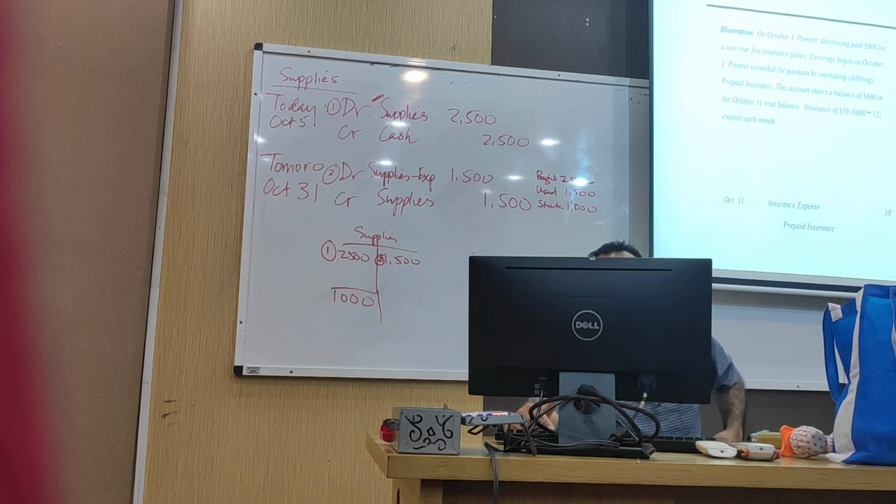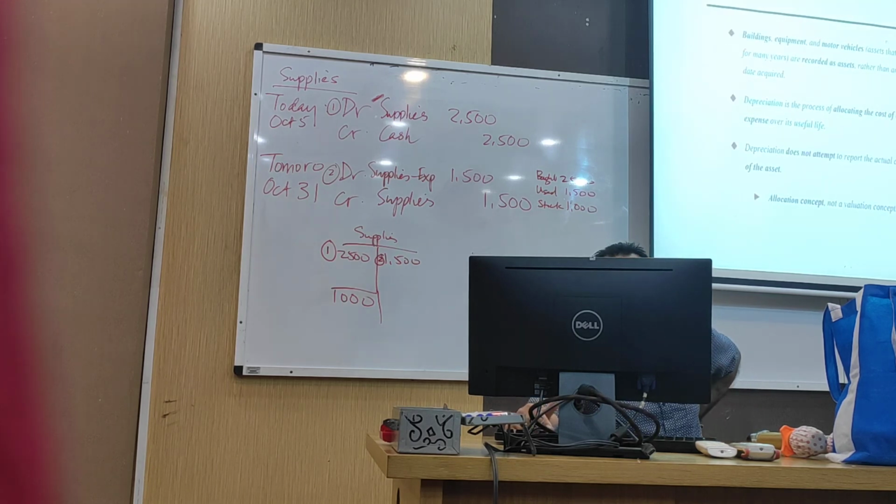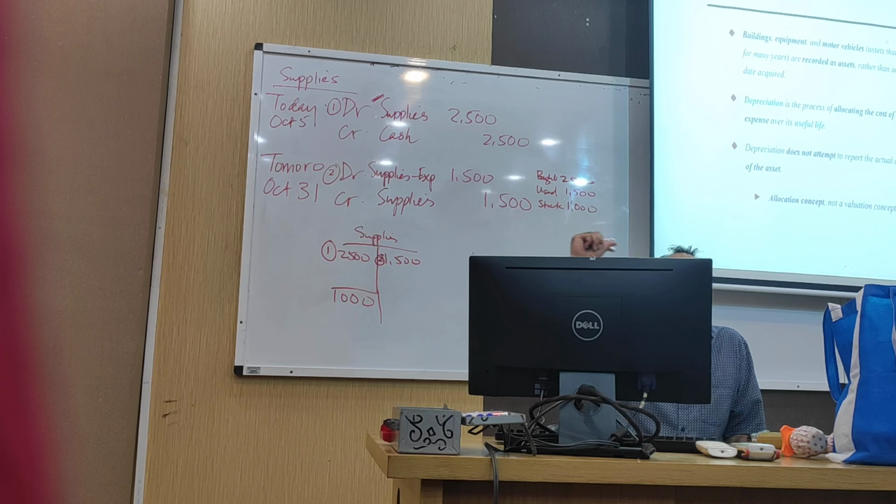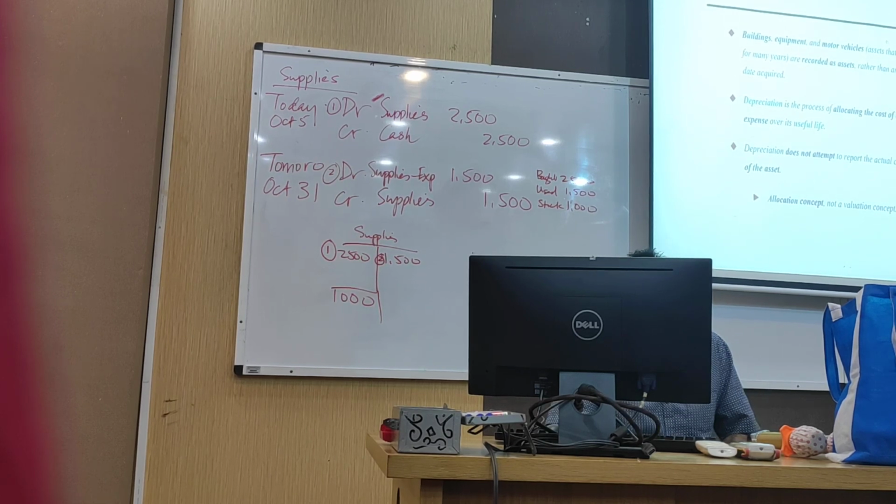Okay, so let's do another example, which is called depreciation. Now, you will learn more about depreciation in chapter 10 later, but you can think of depreciation as the accountant's way of recognizing the usage expense of a fixed asset. What do I mean by that?